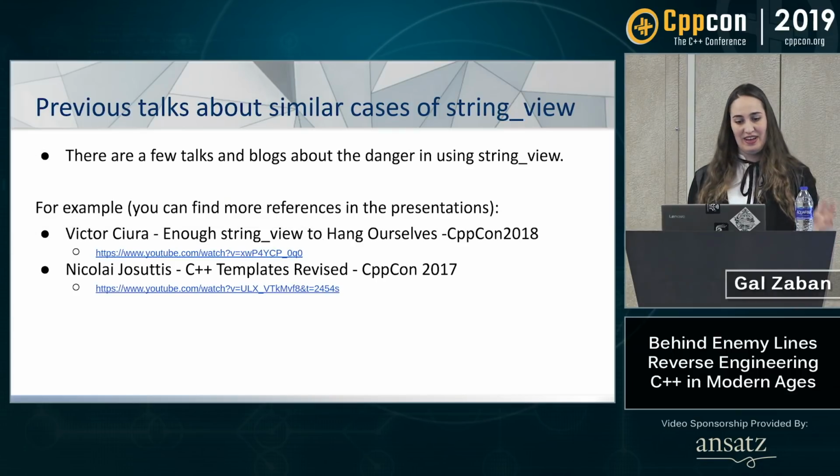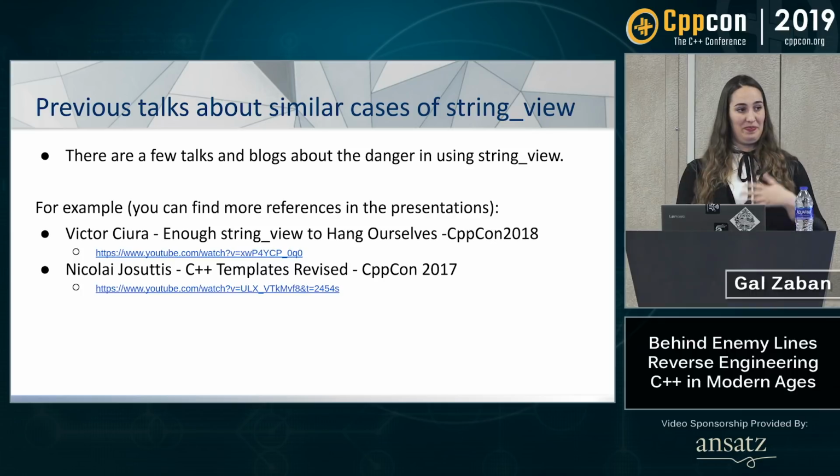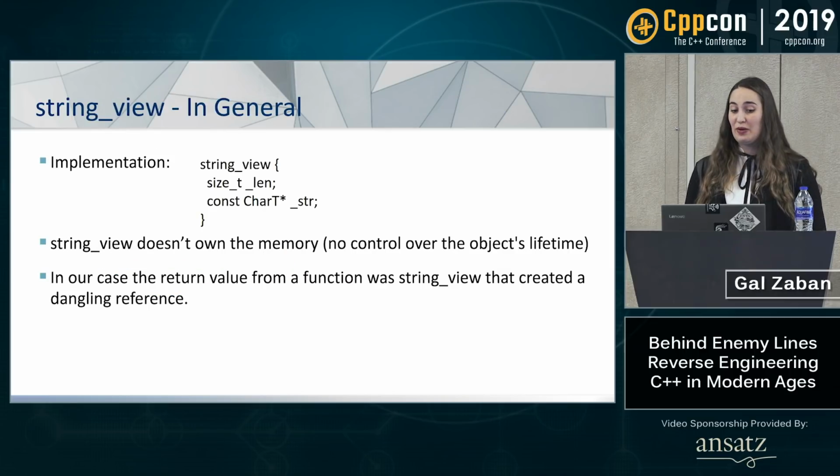What I figured out is that there were previous talks explaining this situation. You have a Victor and a Nikolai talk. So if you want to get deeper into understanding why and how it happens, you can watch the talks. They also have references to other blogs and presentations you can watch. But in general, string_view is implemented like this.